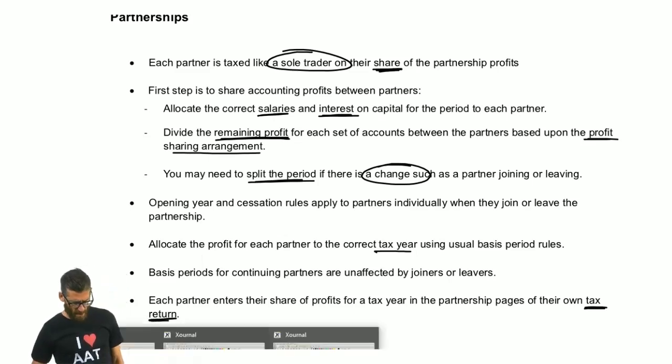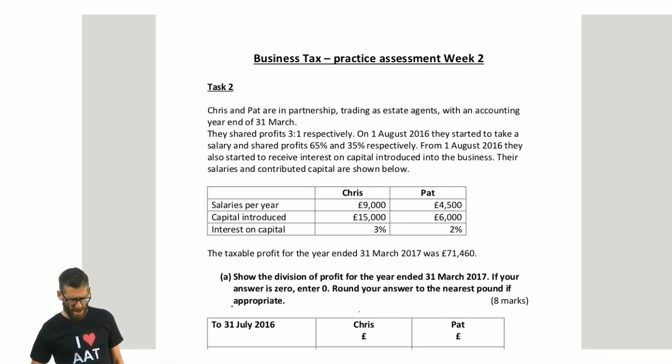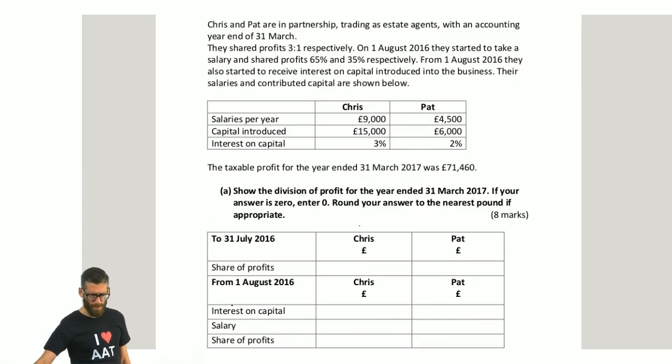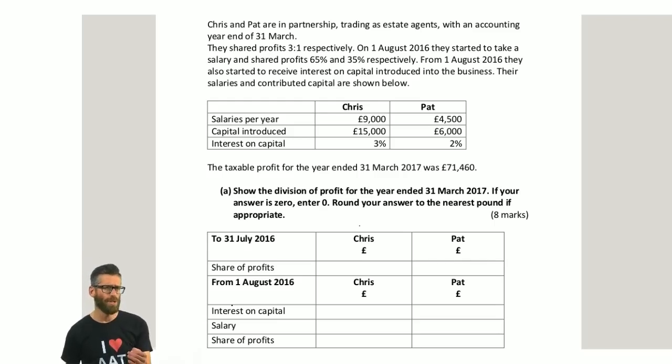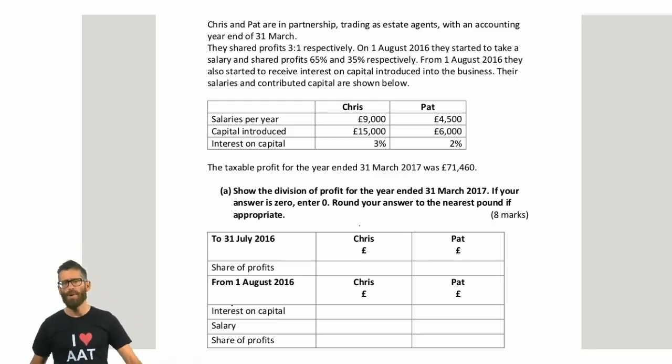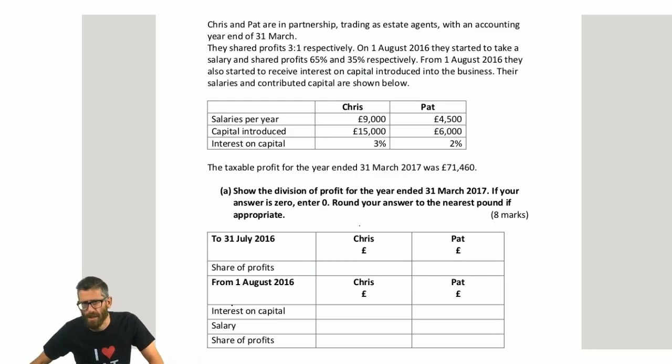Now, here we have session number 2, task 2. This task is centred around a change, not in the partners, but a change in the way in which the profits are shared across the accounting year.